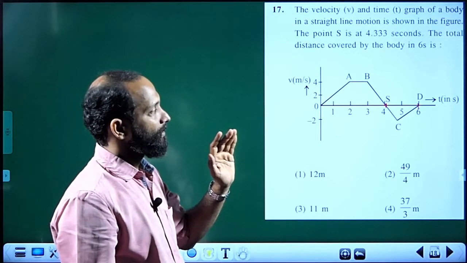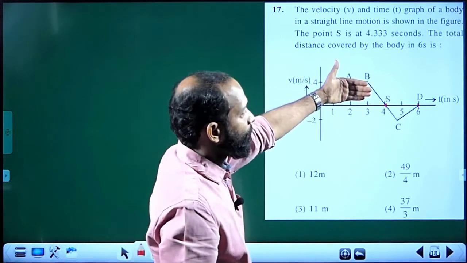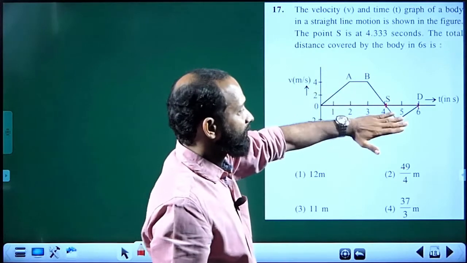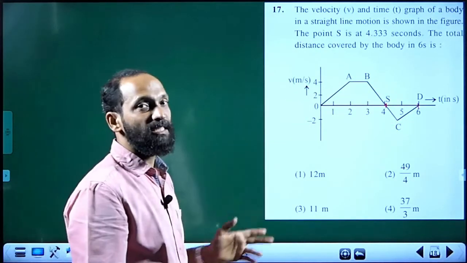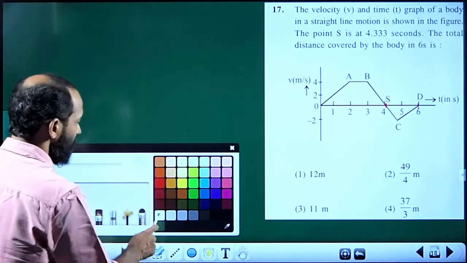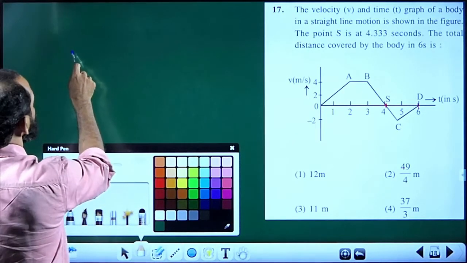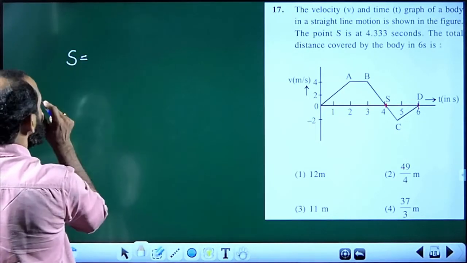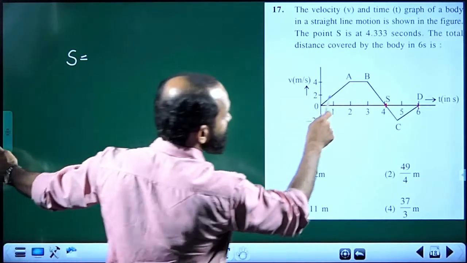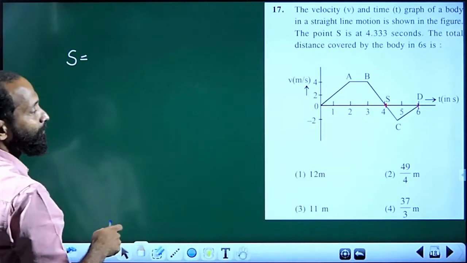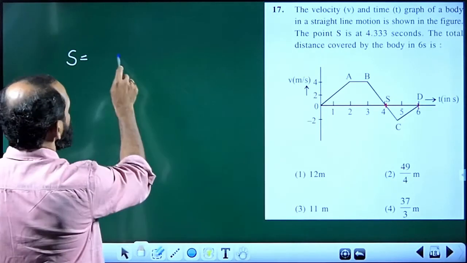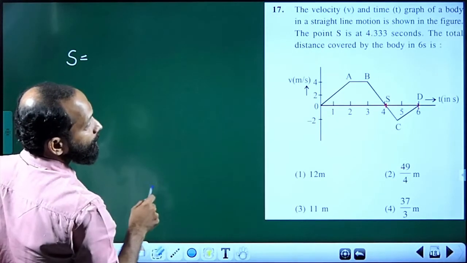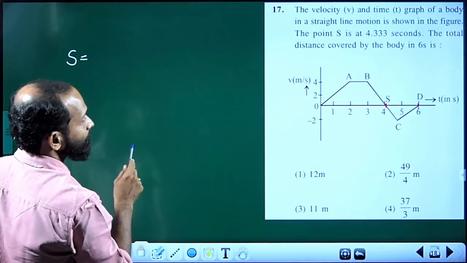Area above plus area below, you need not subtract, you add those areas. So, first you find the area above for finding total distance. What is the area above? That is a trapezium. We know area is equal to the average of the parallel faces. What is the average?